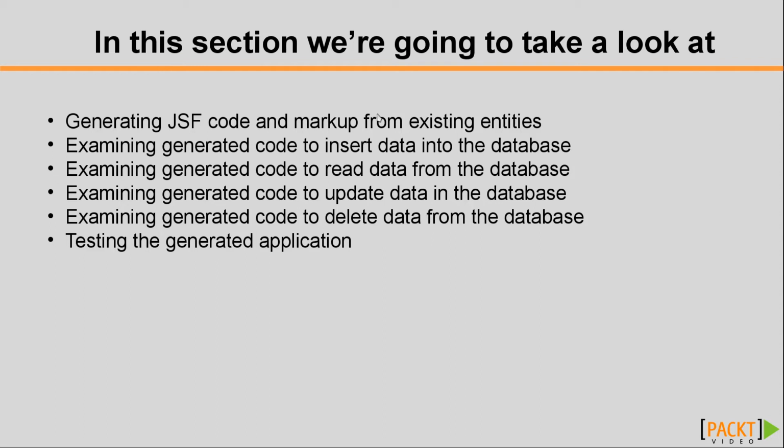Once we generate our code, we'll examine the generated code that inserts data into the database, the code that reads data, and also the update and delete code. Once we've seen what the wizard does behind the scenes, we'll test the generated application.